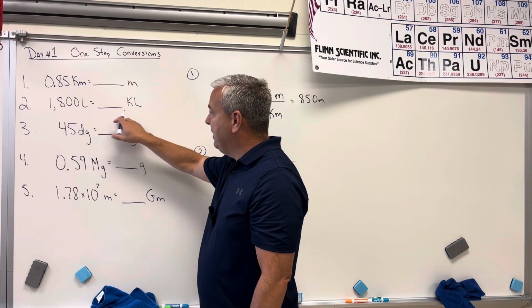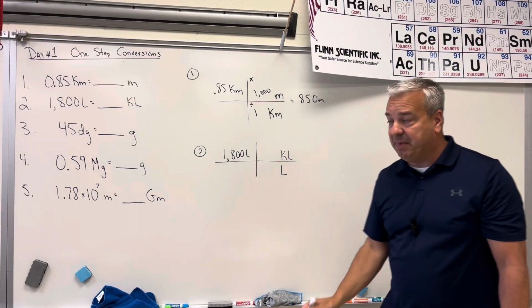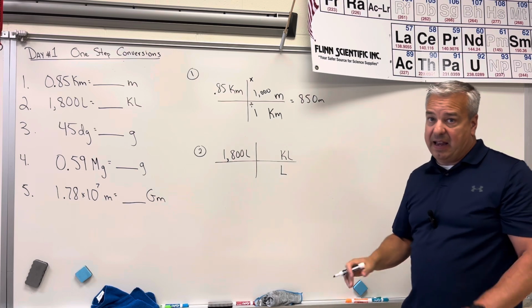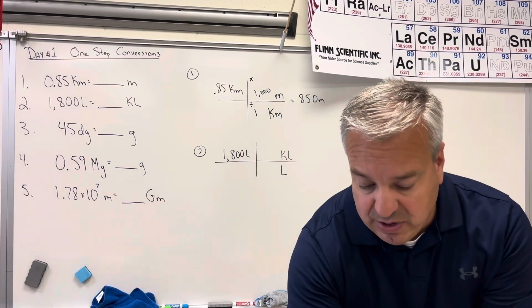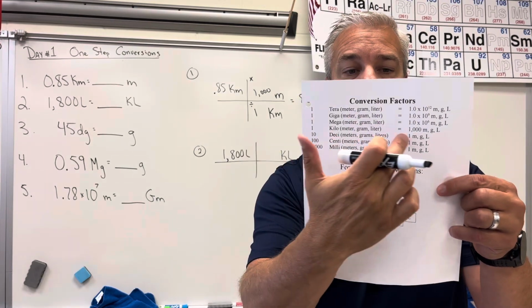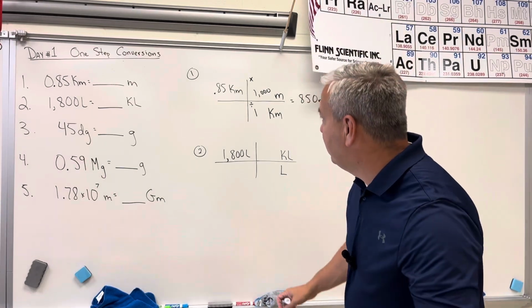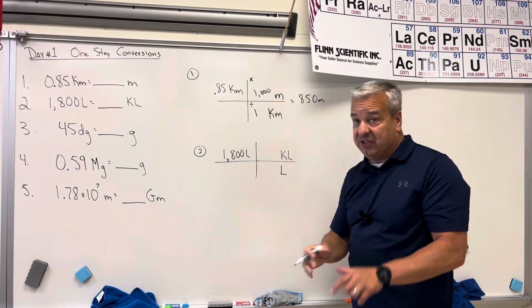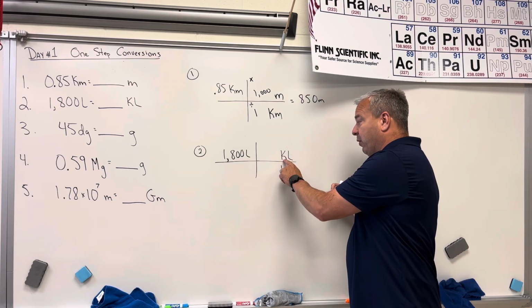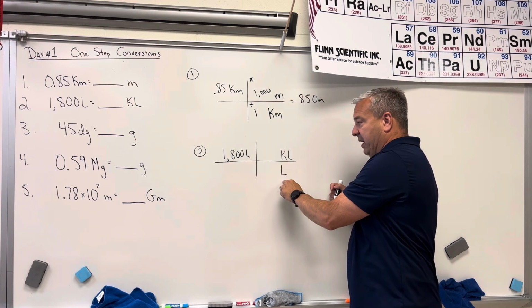Okay, now what do we want to convert to? We want to convert these liters into kiloliters. So I'm going to put kiloliters on the top. And I need the conversion between kiloliters and liters. It's the same line that we used before between the kilometers and the meters. 1 kilometer is equal to 1,000 meters. Well, 1 kiloliter is 1,000 liters. So this conversion factor is exactly the same as that conversion factor, because both of them go from kilo to their base unit.